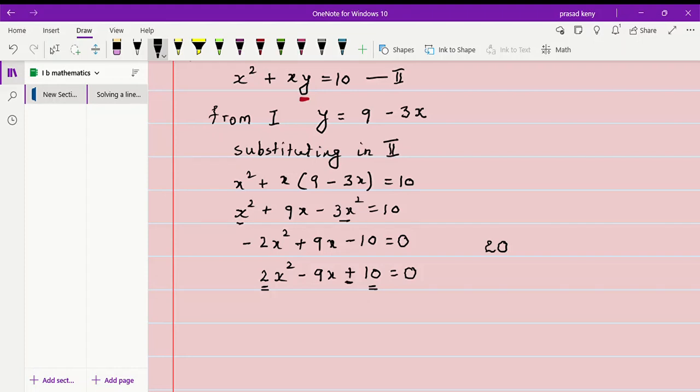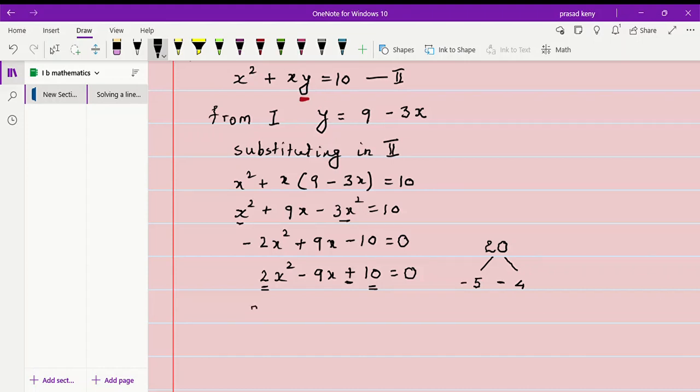So I will find two numbers such that the product is 20 and the sum is 9, and that is 5 and 4. And since I want negative 9, I'll give the sign minus 5 and minus 4.